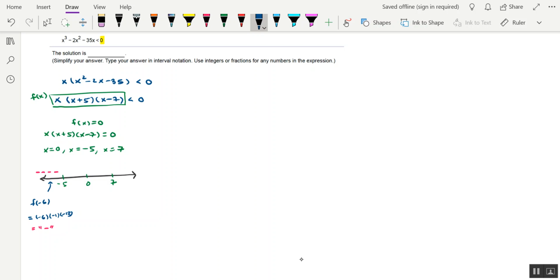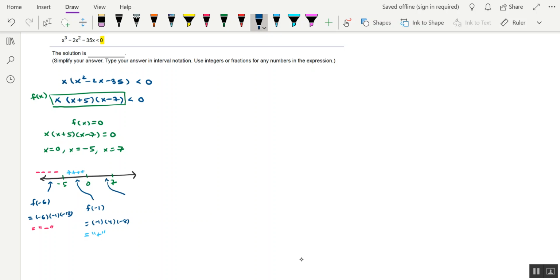Let's pick something between negative 5 and 0, maybe negative 1. If you were to plug negative 1 into the function, your first factor would be negative 1, second factor would be 4, third factor would be negative 8, and the end result of a negative times a positive times a negative is a positive. So what this means is that any value of x between negative 5 and 0 is going to make the function positive.